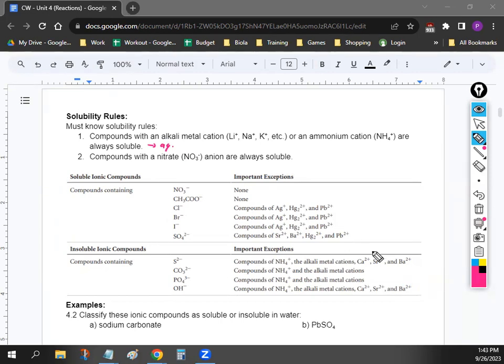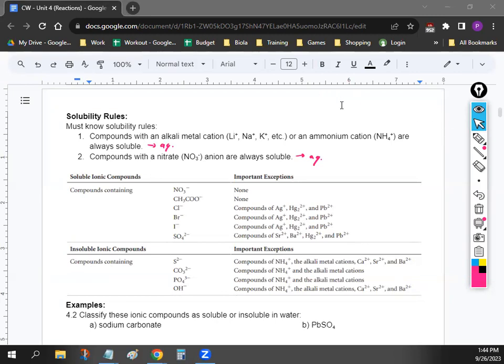Okay. The other one that you have to remember is that if the anion is nitrate, it will also always be aqueous. Those are the two that you have to know for the AP test. There are a lot of exceptions for different rules, but the only ones you have to remember are these two rules, because they're the ones that have no exceptions.